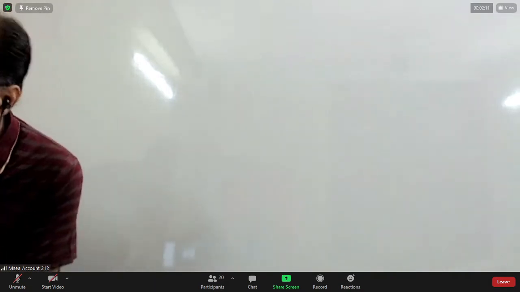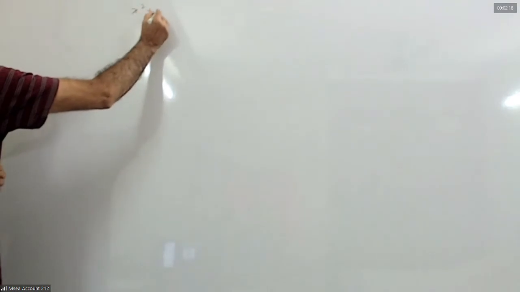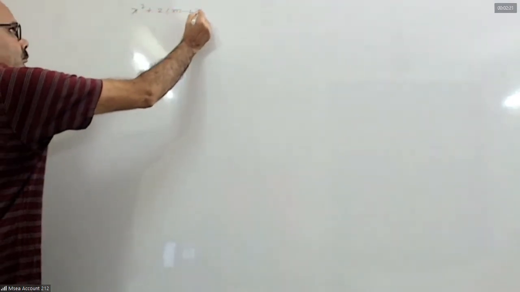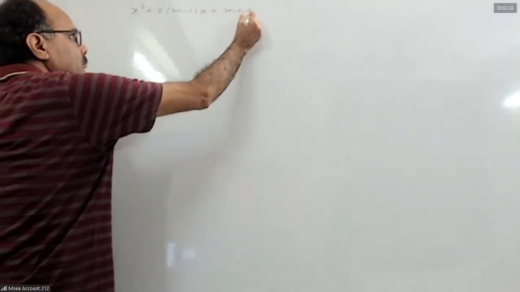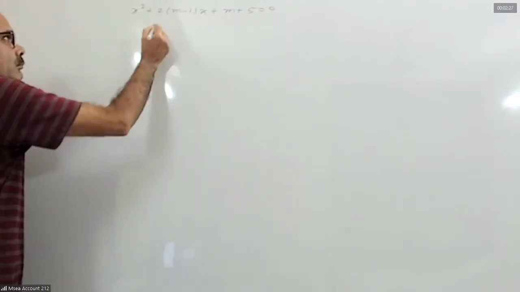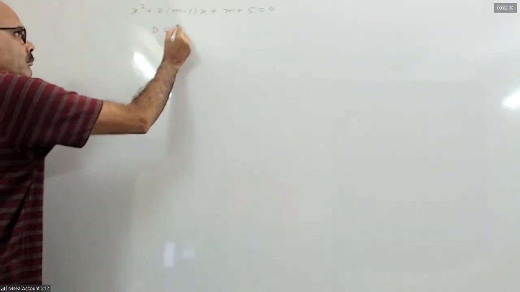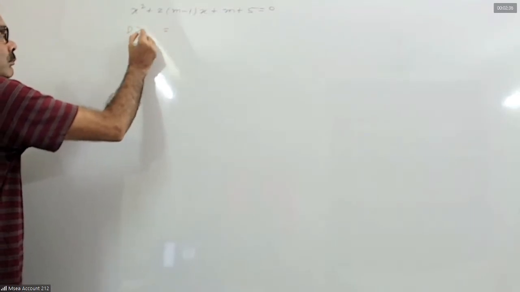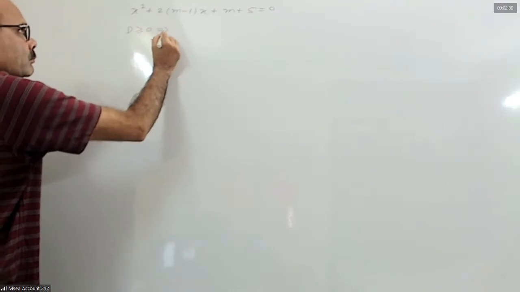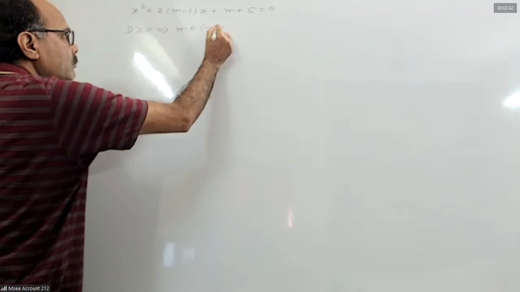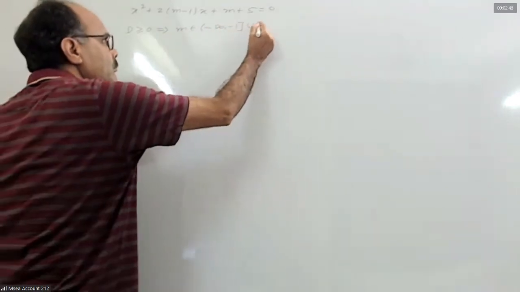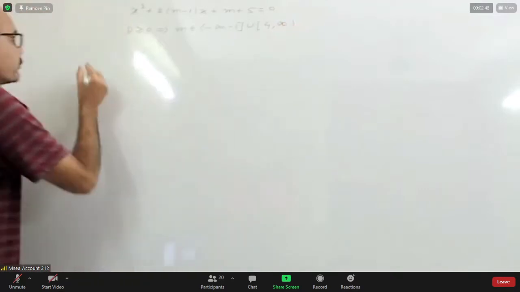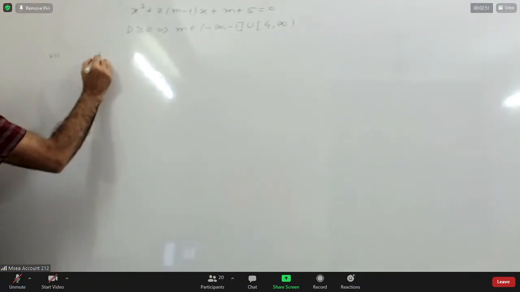First, let me write the question. Seventh bit, both roots are negative.